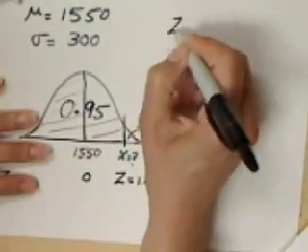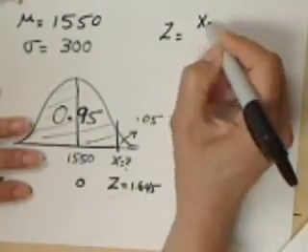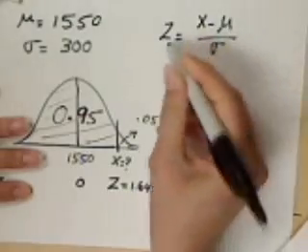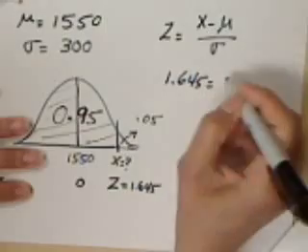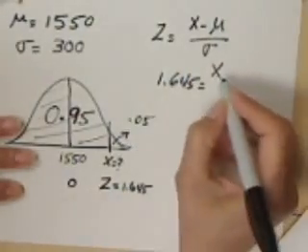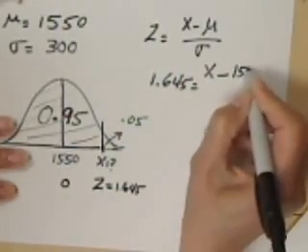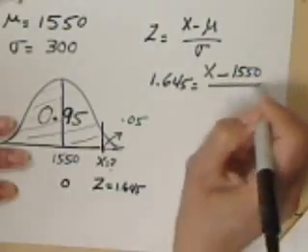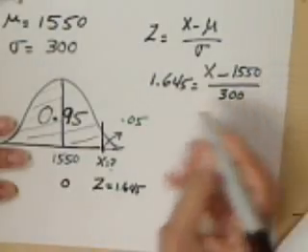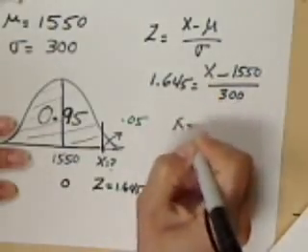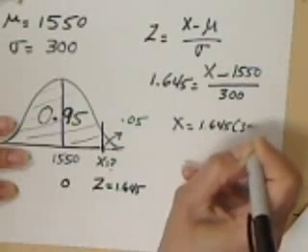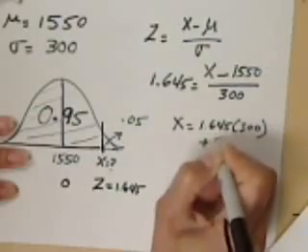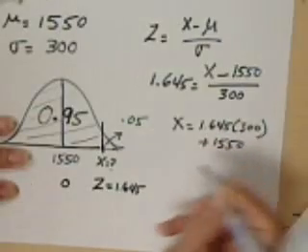So then I'm going to use my z formula, which is z is equal to x minus mu over sigma. Now I know my z, 1.645. X I'm looking for, that's my unknown. Mu I know is 1,550. Sigma is 300. So I'm going to solve for x. X equals 1.645 times 300 plus 1,550.